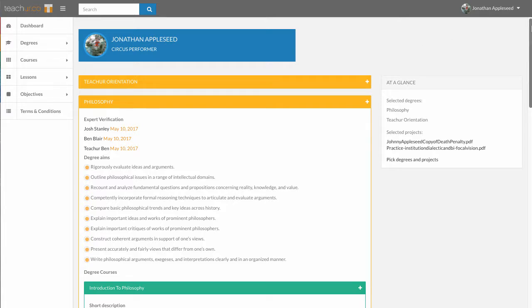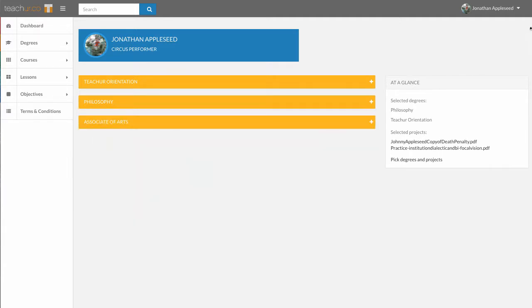So here's a sample of what a record could look like. And it starts very simple, and we've got an at-a-glance kind of thing. Here's your degree, and there are projects that you can look up. So this could be like an e-portfolio.